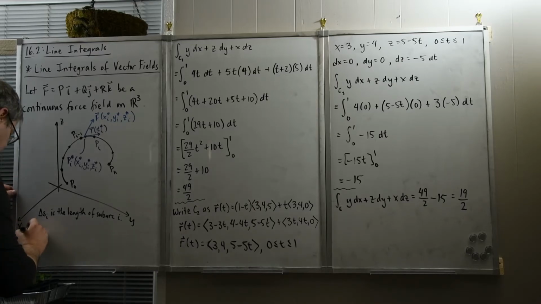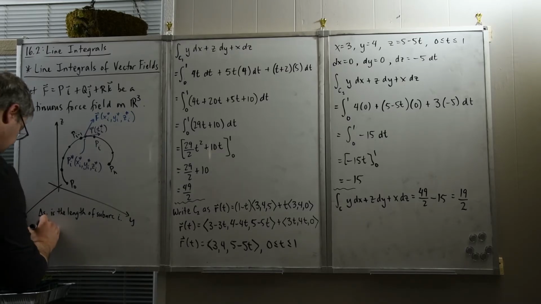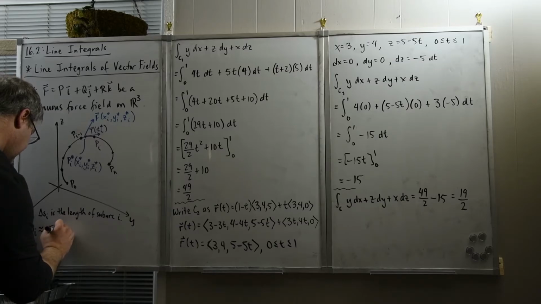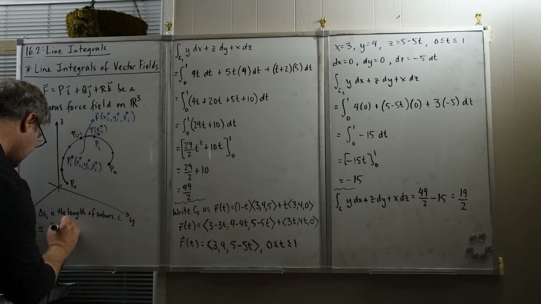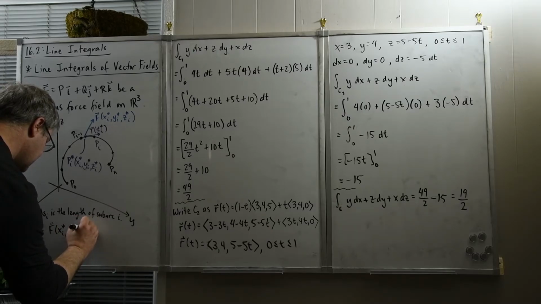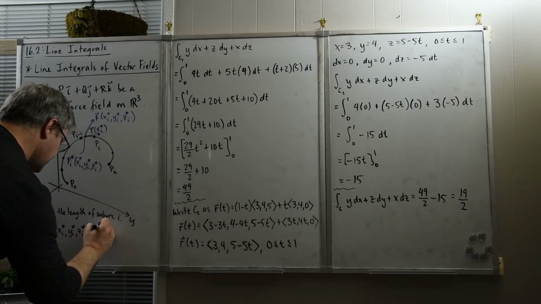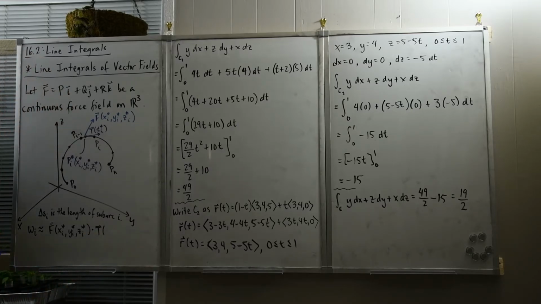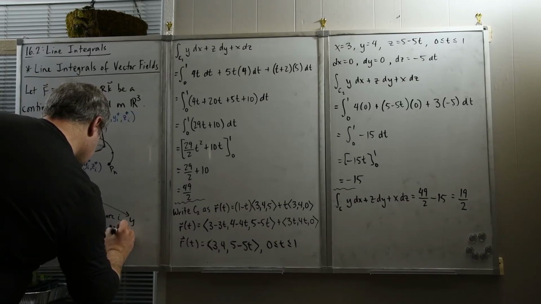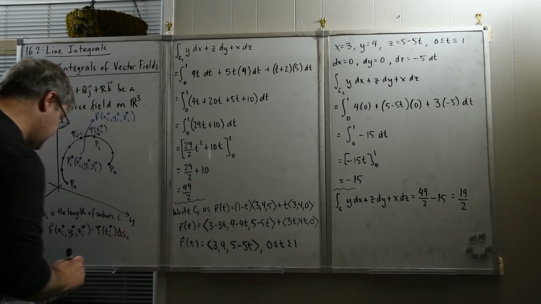Well, the work along subarc i, which I'm going to call W sub i, would approximately be equal to F of xi star, yi star, zi star, dotted with T of Ti star times delta Si.